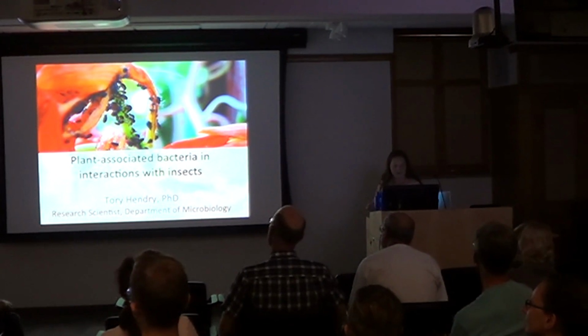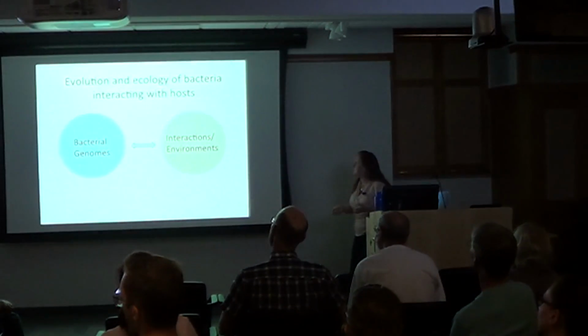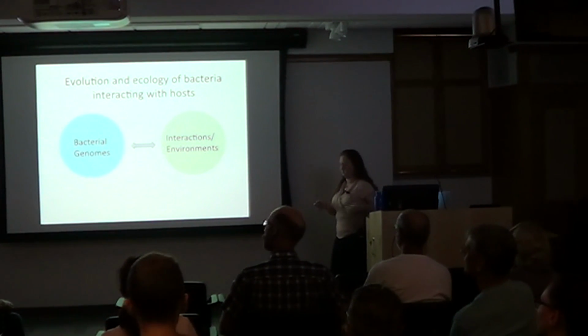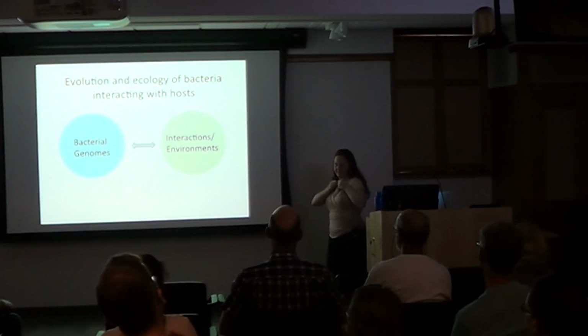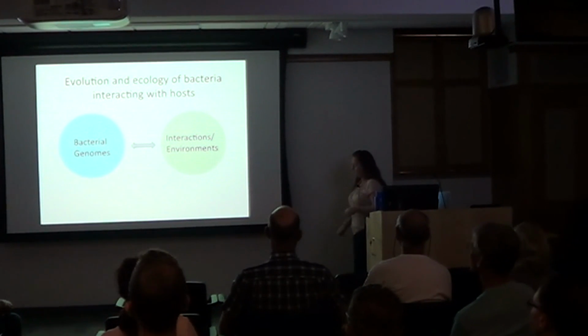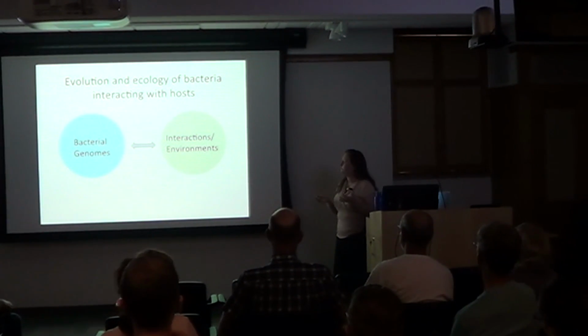So work in the lab and my interest in general is fairly broad. I'm interested in the evolution and ecology of bacteria interacting with hosts. In particular, I'm interested in how the bacterial genome content, gene content, connects to interactions with different hosts or in different environments.